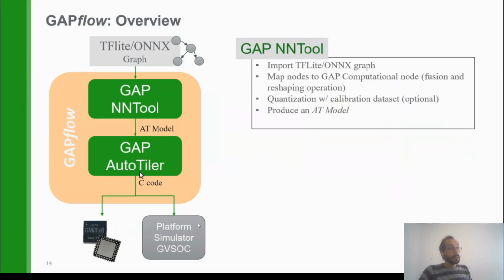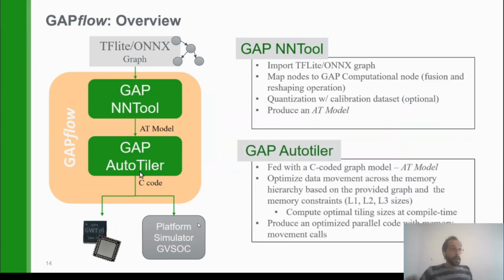This GAP NNtool is able to import a TensorFlow Lite or an ONNX graph, map and look at all the layers and all the computational nodes, and have an internal representation of them, with tools for quantization and calibration on the dataset, and produce this autotiler model.